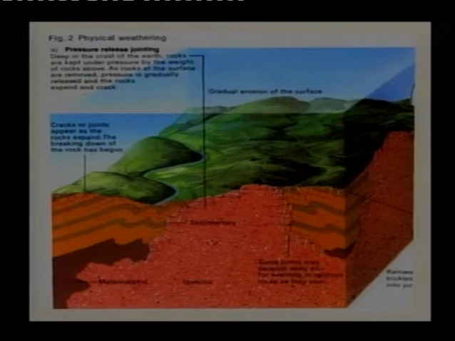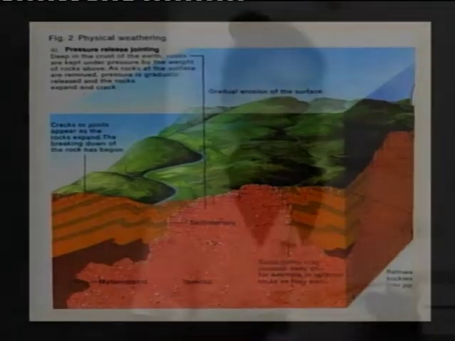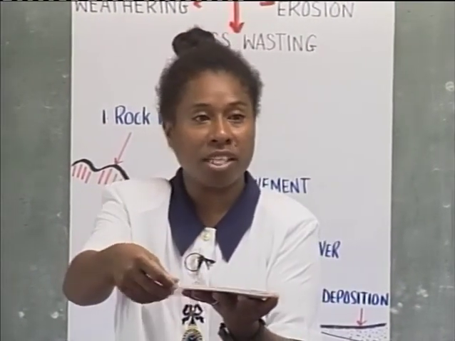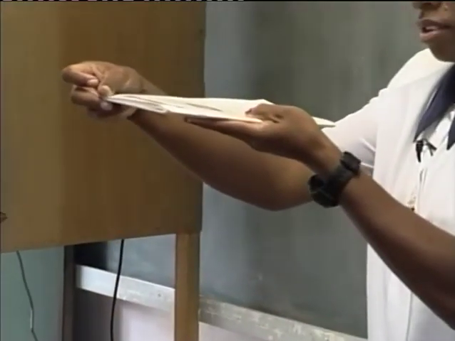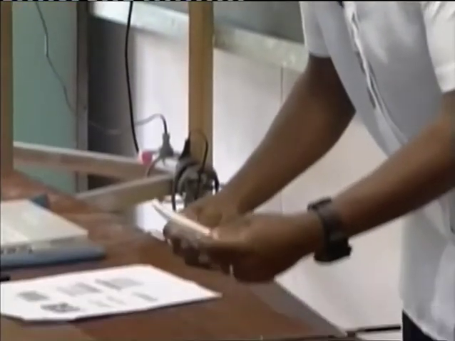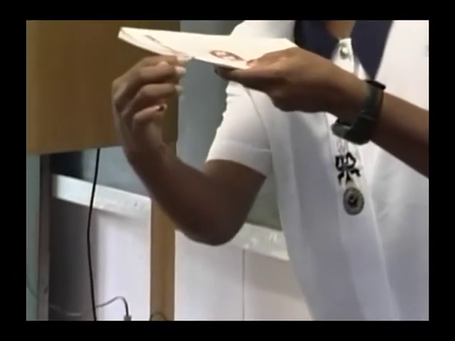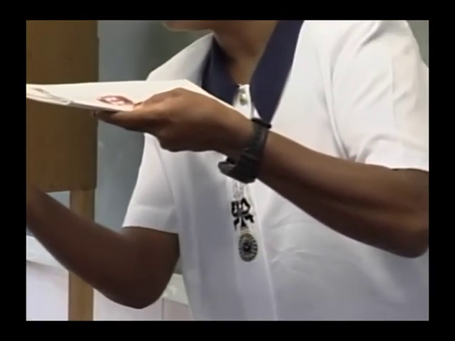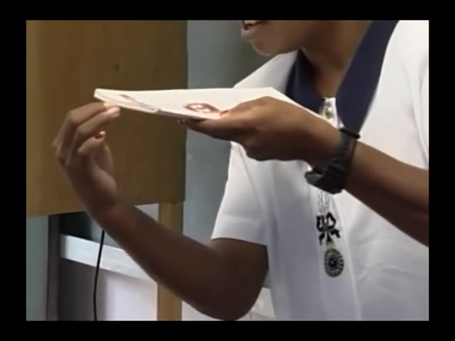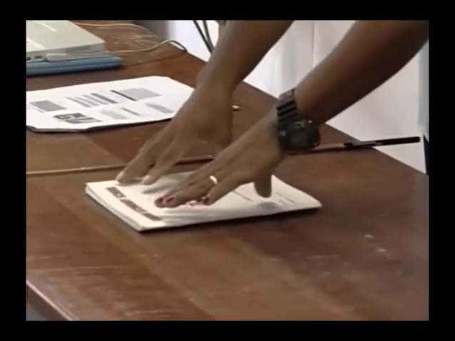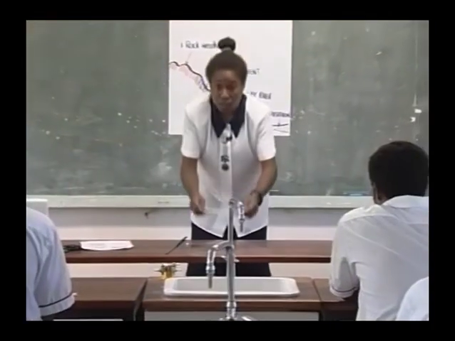Another good example of pressure release jointing: if you get a new textbook, look at where the pages are. You place that on the table. Keep your eye on the way in which the pages move when pressure is released. Can you see from that end if I put the book on the table?